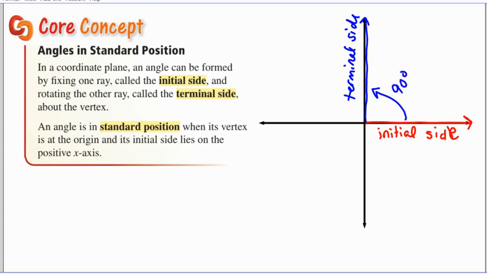Okay, if I wanted a 200-degree angle, I would start my initial side on the positive x-axis, just like always. I would go around, this is 180, so a little bit more than 180, and maybe here I would have a 200-degree angle with my terminal side here indicating how many degrees away from the initial side I needed to measure.